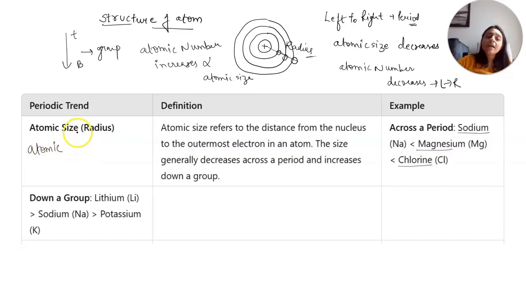So atomic size is directly proportional to the atomic number. In a period, the atomic number is decreasing, that is why atomic size will also decrease. But from top to bottom, atomic size is increased due to the atomic number which is being increased. That is why from top to bottom it will increase.